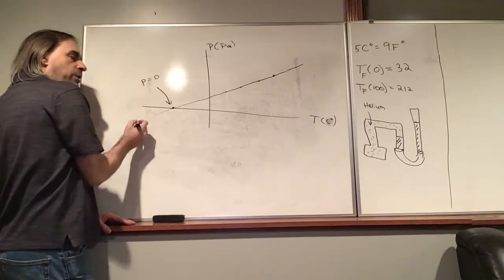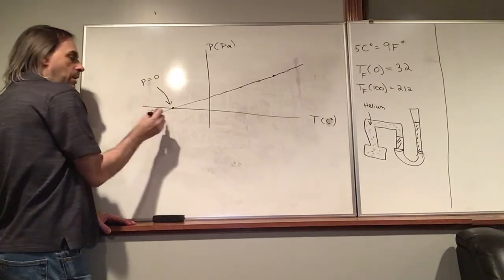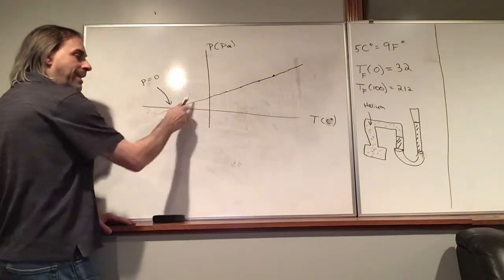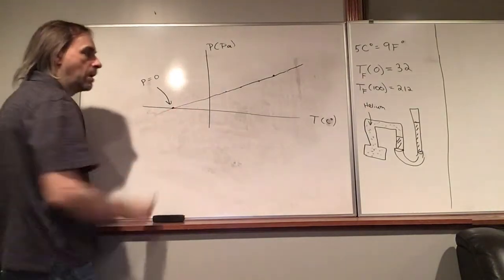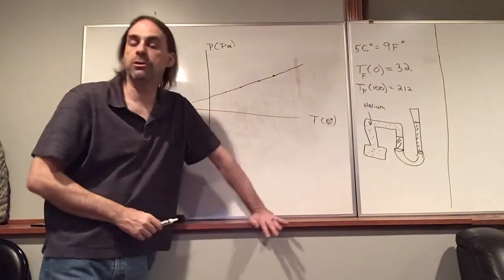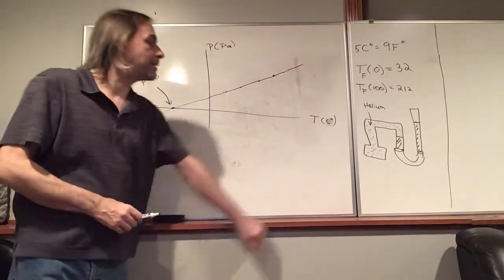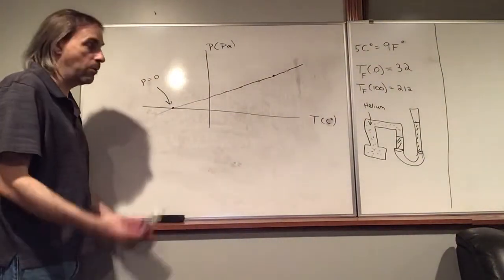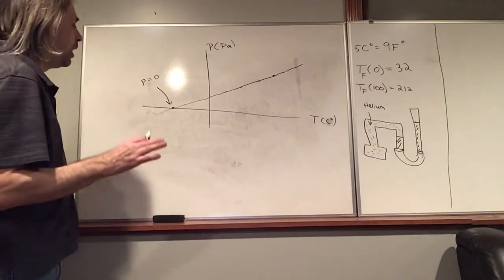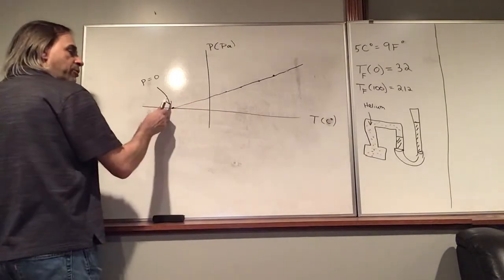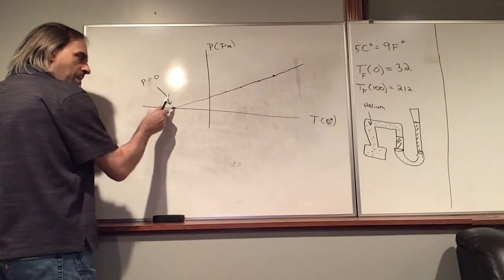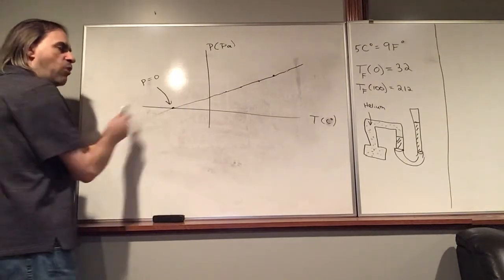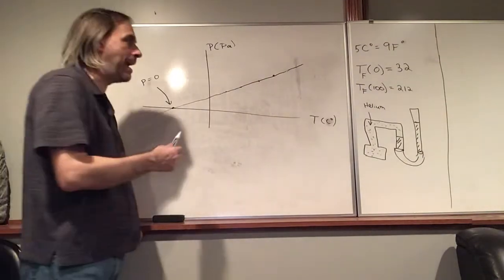And then if we follow it to even lower temperatures, again, there's nothing wrong with going into negative temperatures. We're taking this class in the winter, we might experience negative temperatures, but we will in the Celsius scale. So negative temperatures are fine, but eventually we'll get to negative pressure if we continue to follow this line.